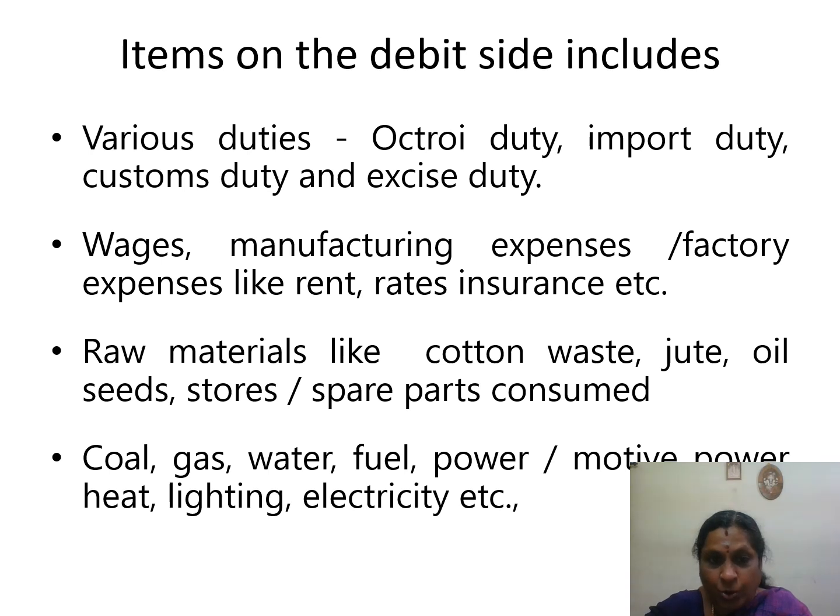And we have coal, gas, water, fuel, power, motive power, heat, lighting, electricity, etc., which are used in the factory for manufacturing the product. All these items will appear on the debit side of the trading account.